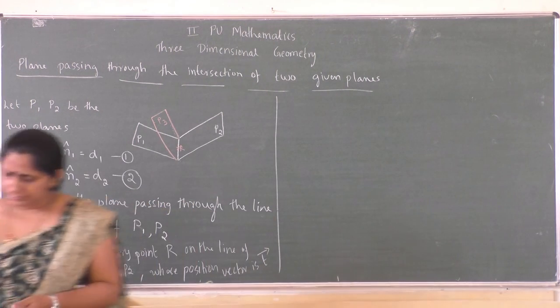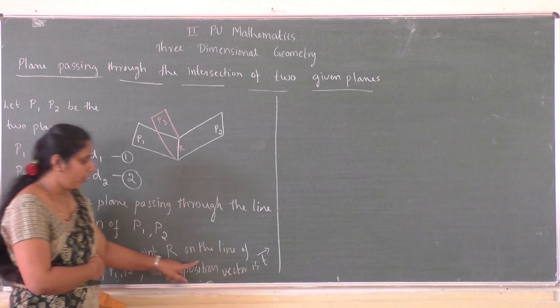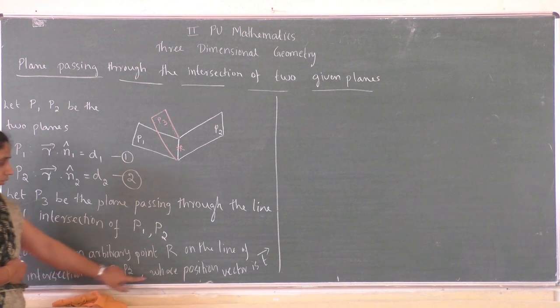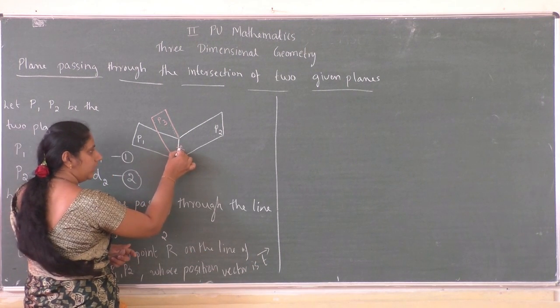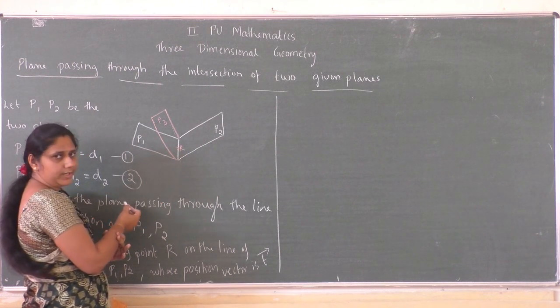Is it right? See, here we are considering an arbitrary point R on the line of intersection of P1 and P2 with the position vector T vector. See, R lies on the line of intersection of P1 and P2.